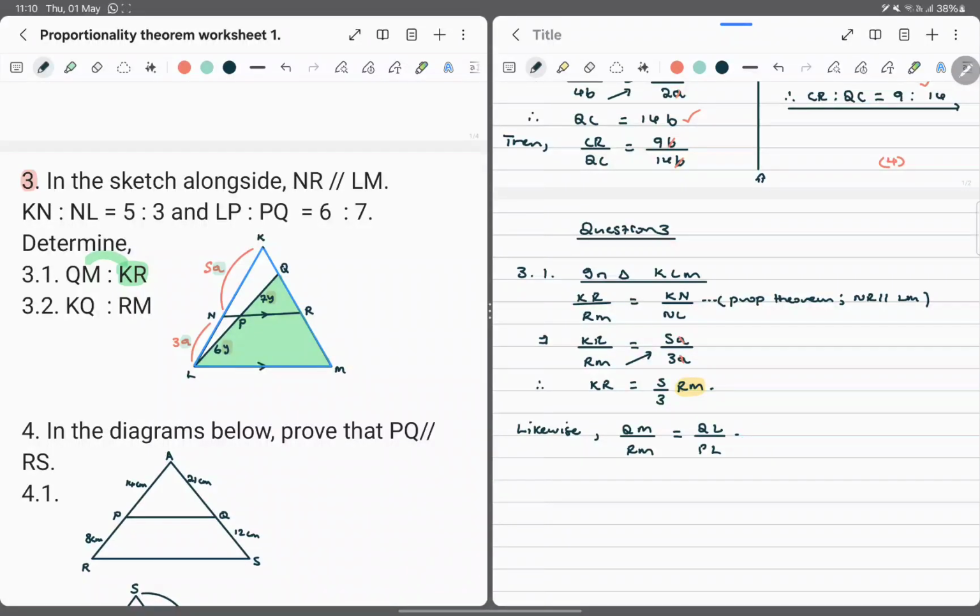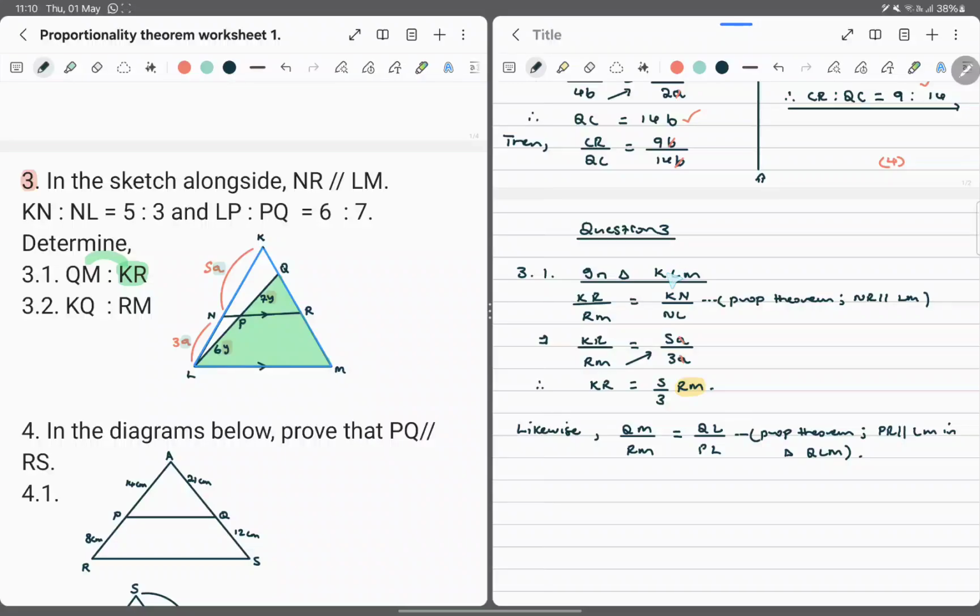Okay, so what is this? This is the proportionality theorem with PR parallel to LM in triangle QLM.